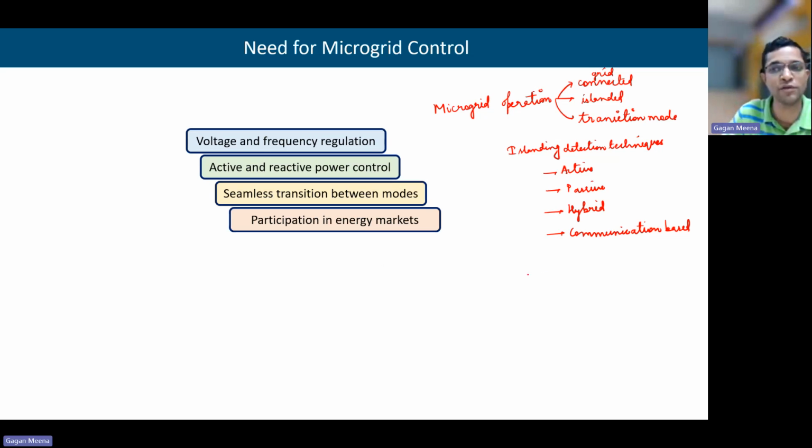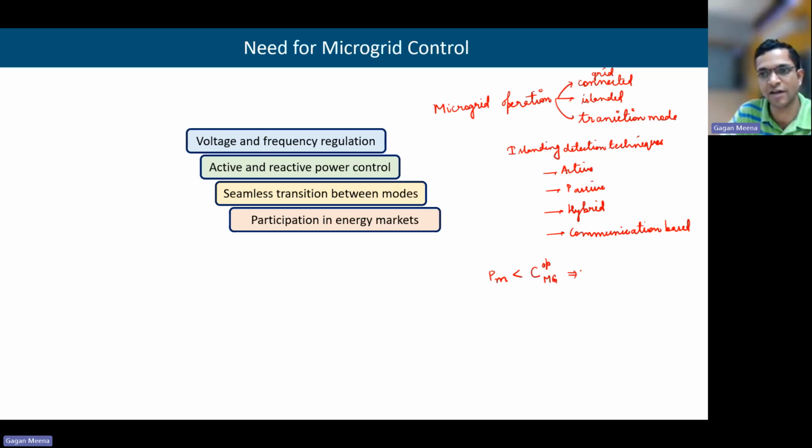Let's say market price, I am denoting the market price by PM. Market clearing price is less than operating cost of microgrid generators.